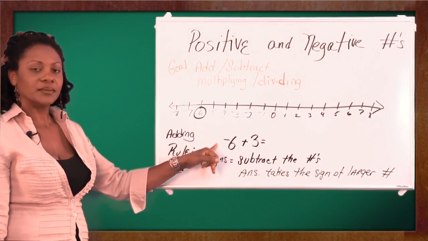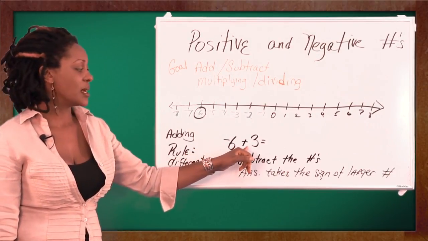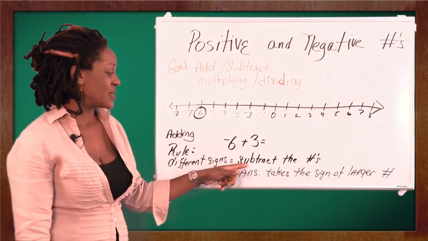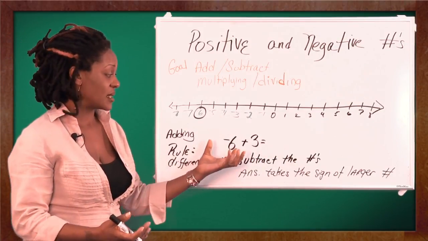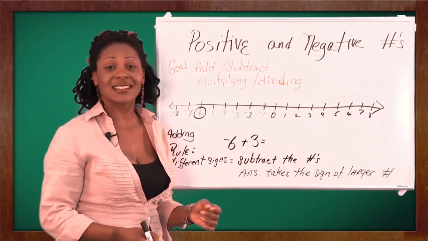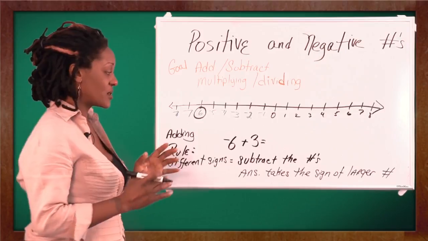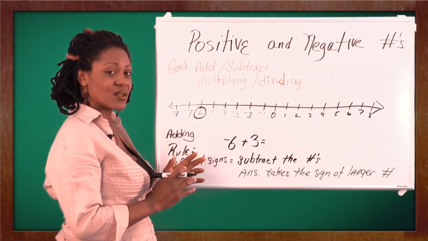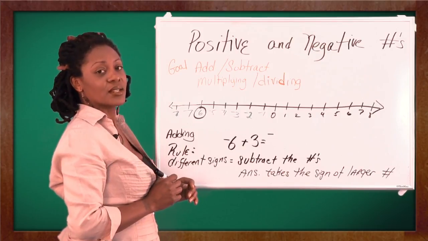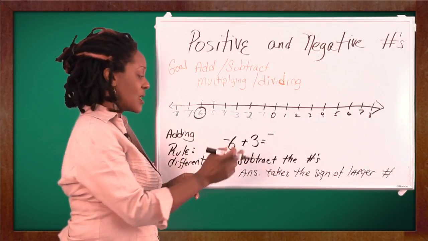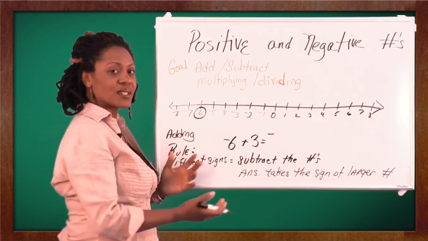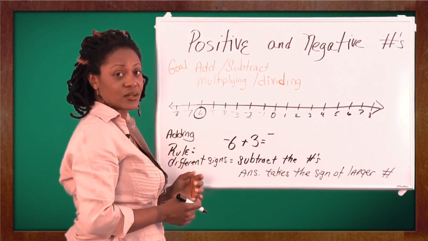Here's our example, -6 plus 3, and our rule says that we subtract the numbers, 6 minus 3, and then the answer that we get takes the sign of the larger number. So again, I pointed out that 6 is still the larger number. It takes the sign, so I automatically know that because these signs are different and this one's larger, I'm going to put this little sign here that shows it's a negative number toward where my answer is going.